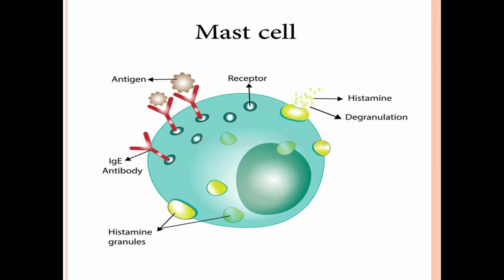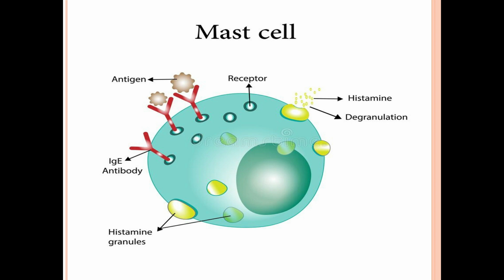So, next slide. This is the structure of mast cells. The mast cell lives under the skin, in the respiratory system, in the digestive tract, and even in the urinary tract, the limbs, and the blood vessels.